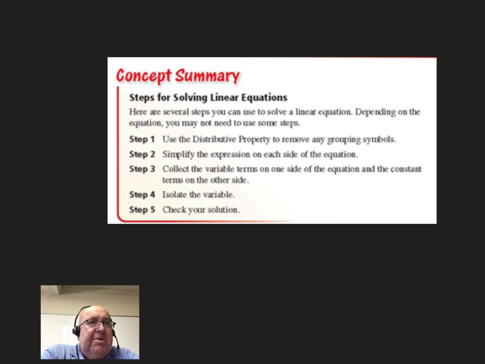Simplify the expression. Combine like terms is what that means. Then take the variables to one side and the constant terms to the other side, and then get the variable by itself. And I haven't checked solutions, but if you want to check, you can. But if you follow the steps correctly, you should be in good shape.